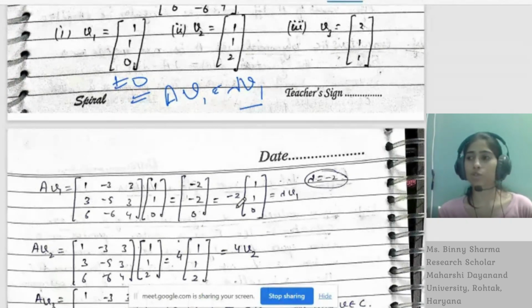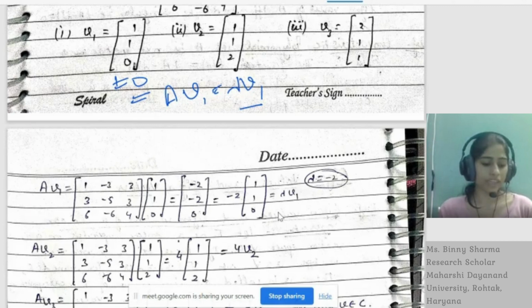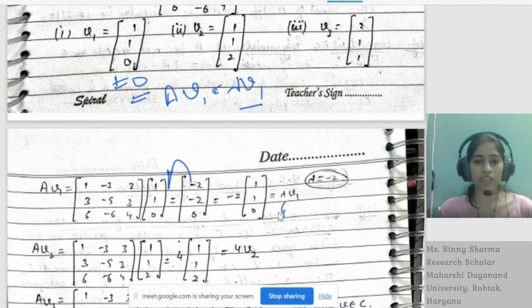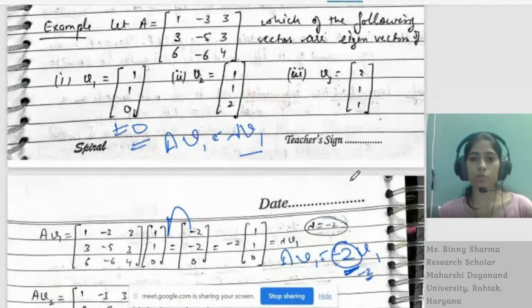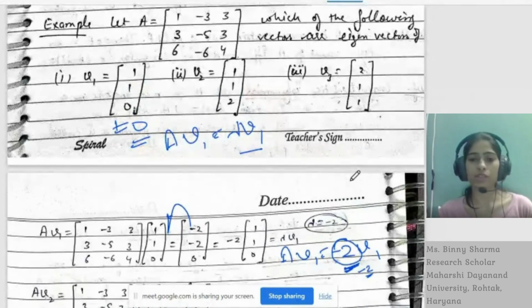Taking -2 common, we get 1, 1, 0, which is V1 itself. So A V1 equals -2 V1. Here the eigenvalue lambda is -2, and V1 is an eigenvector corresponding to the eigenvalue -2.